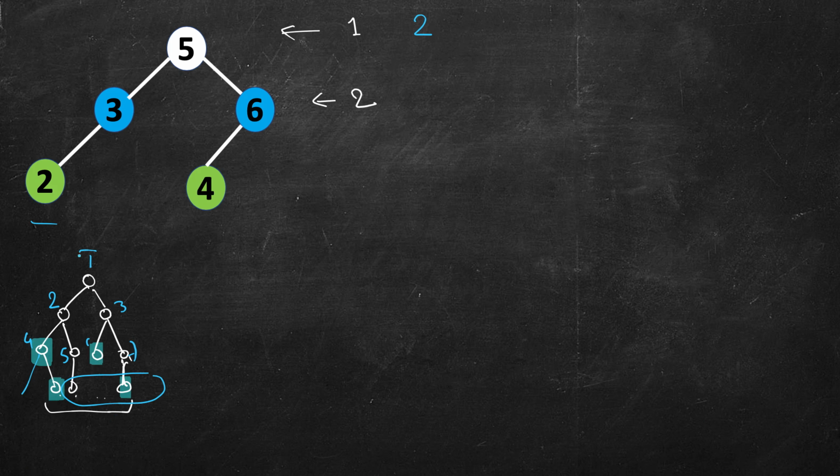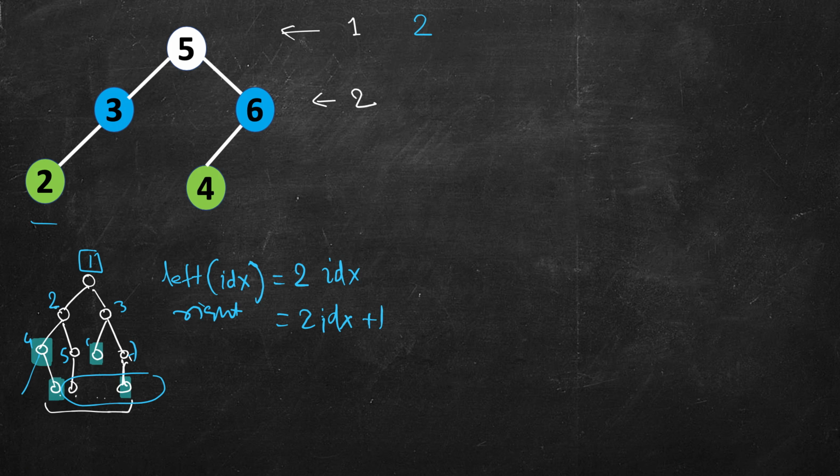So if this is index 1, then the left child of a node at index idx will be 2 times idx, and right will be 2 times idx plus 1.